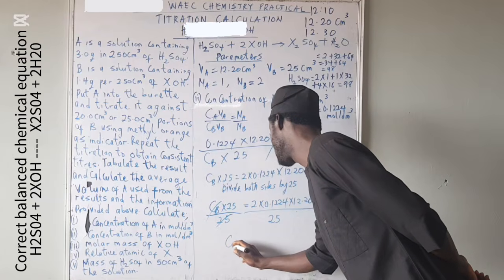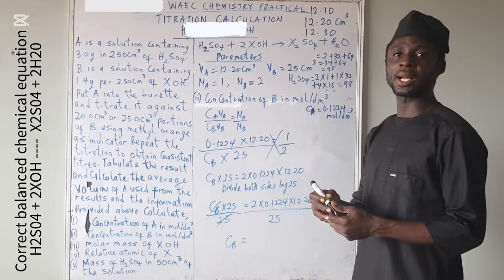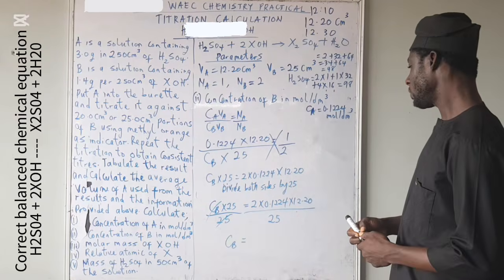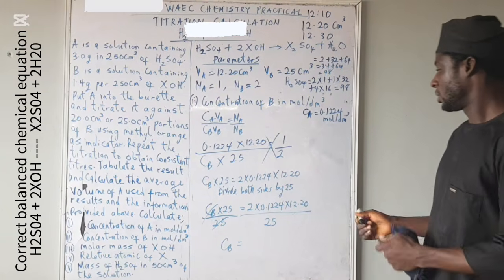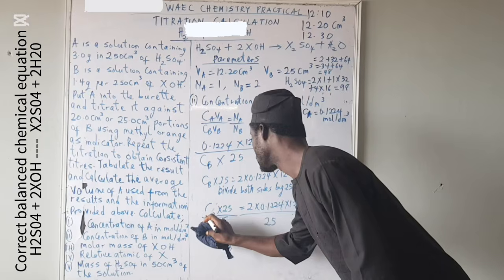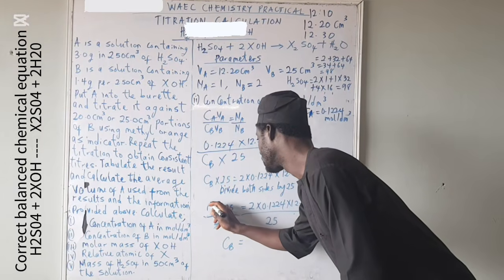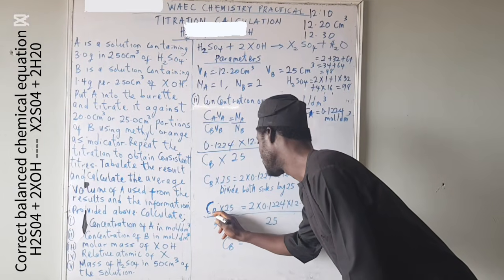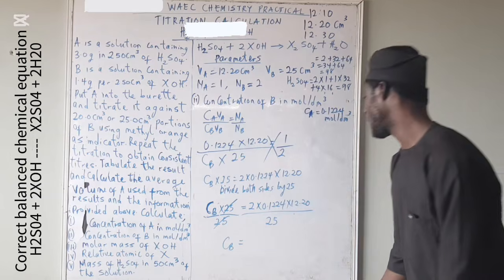So our CB, here we use our calculator. Sorry, I made a mistake here. I should cancel CB. This is 25 and 25.